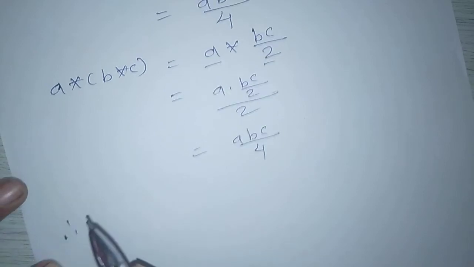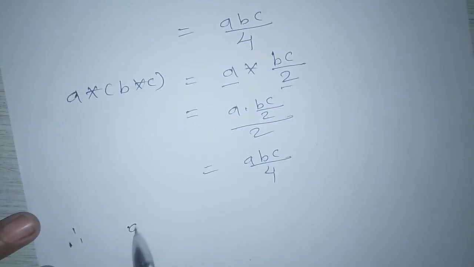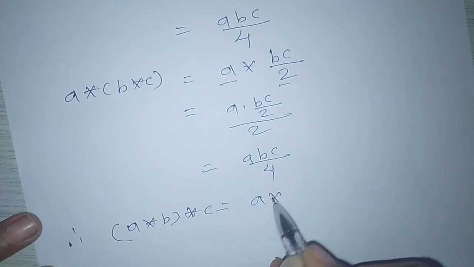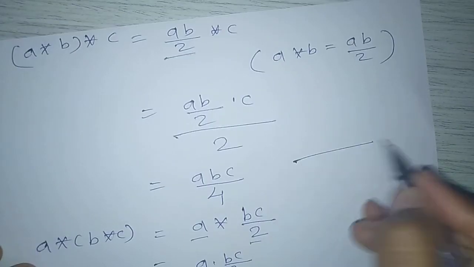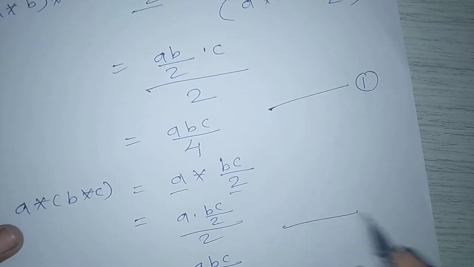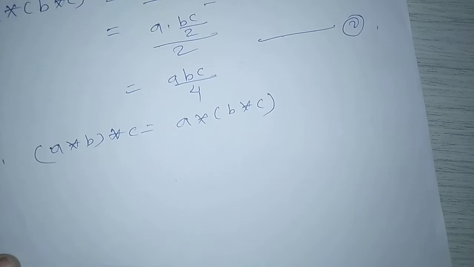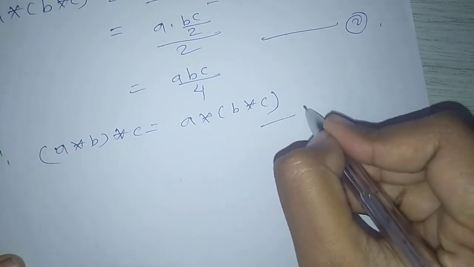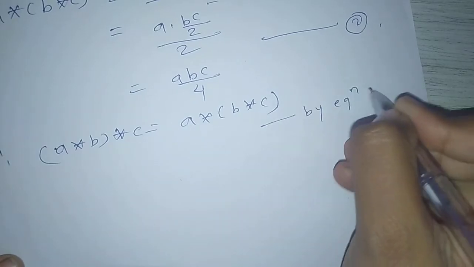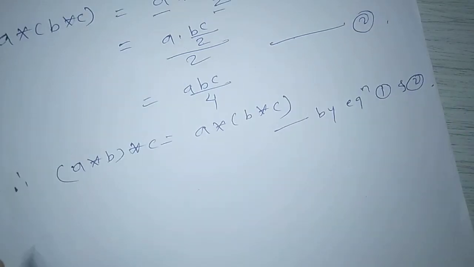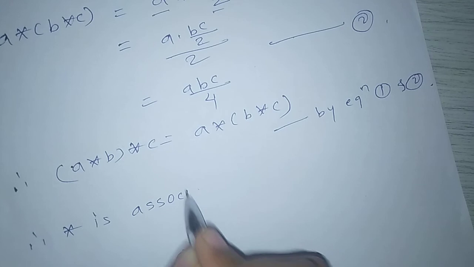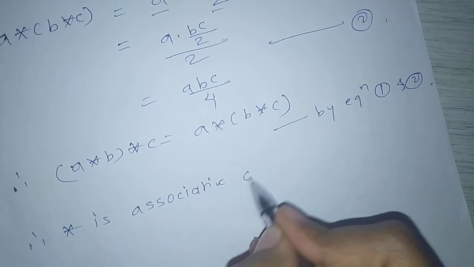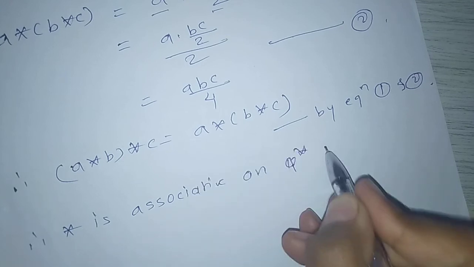Therefore, we get A star B star C equal to A star of B star C. Give this as equation number 1, and this as equation number 2. By equations 1 and 2, therefore, star is associative on Q star.